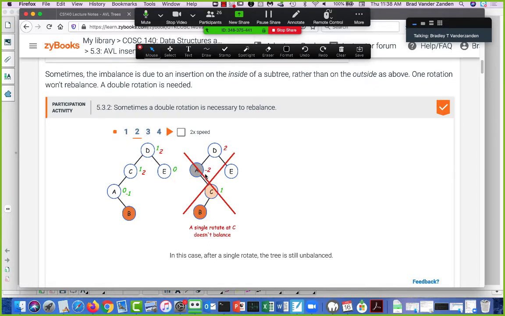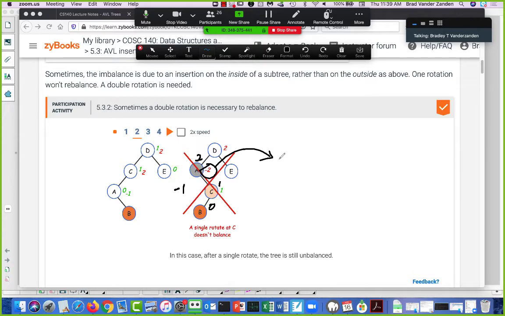If we look at the heights, the height of B is 0, the height of C is 1, the height of A is 2, the height of A's left child is -1. So there's an imbalance, and the balance factor is -2. The reason it's -2 is we always start with the left, so the balance factor equals the left height minus the right height. In this case, the balance factor is equal to -1 minus the right height, which is 1, and we get a -2.